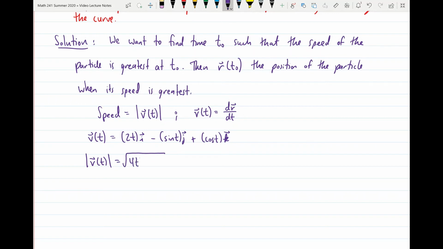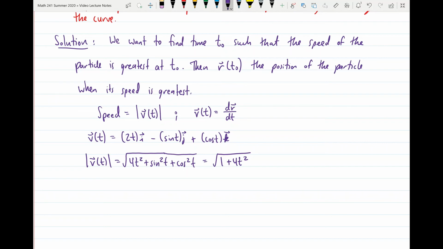And we get the square root of 4t squared plus sine squared t plus cosine squared t. And sine squared t plus cosine squared t is just going to be 1. So this is the same as the square root of 1 plus 4t squared.